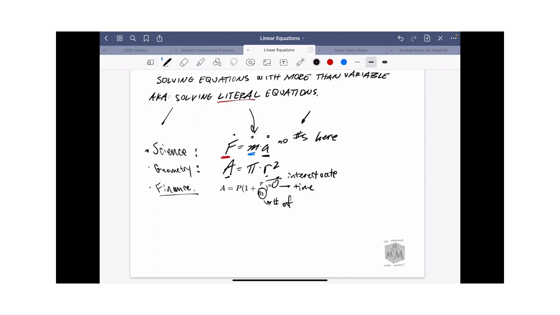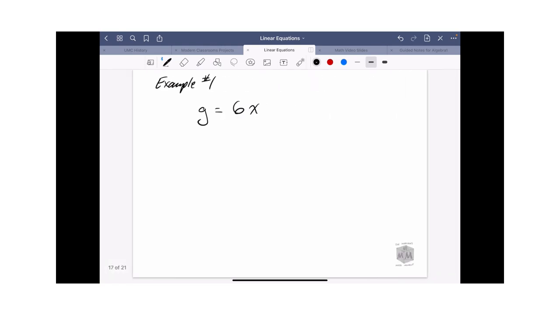So number of compoundings. And P is my initial amount of money I put in, called the principal. You don't need to know that now. These are just some examples that you'll see that we use literal equations or formulas often in the world on the earth.